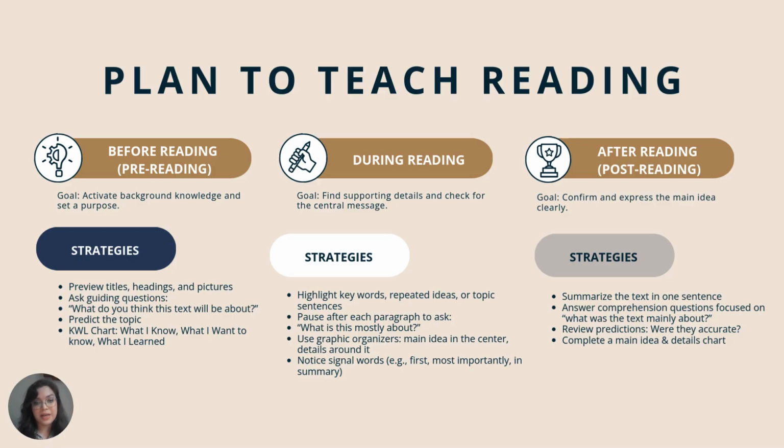And after the reading, what do you want? You want your students to use authentic language to produce. And if they can contextualize what they were reading, it will be fantastic. So, for example, we're going to read something about sports. Yes, they have a pre-reading, they have a during reading activity, and for the after reading, you can ask different questions about, do you like sports? Which sport and why?